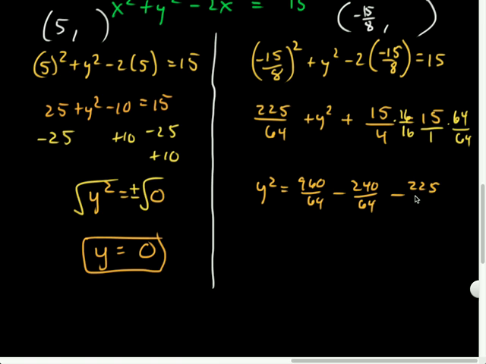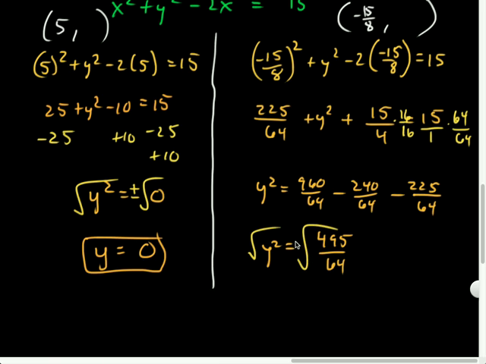All right. Whew. Here we go. So y squared equals, let's simplify this, 960 minus 240 minus 225. I get 495 64ths. This is positive, so that means I'm going to get a real solution here. So I can root both sides.